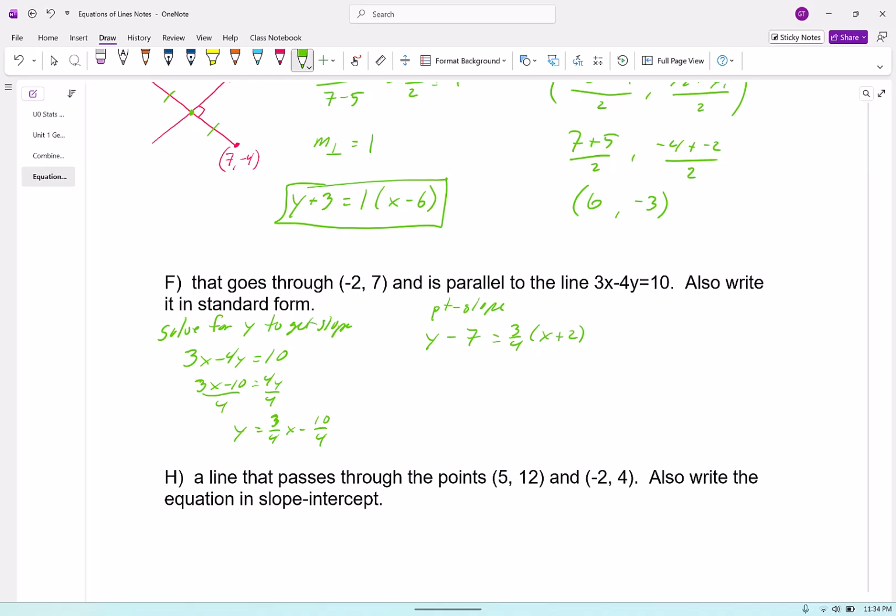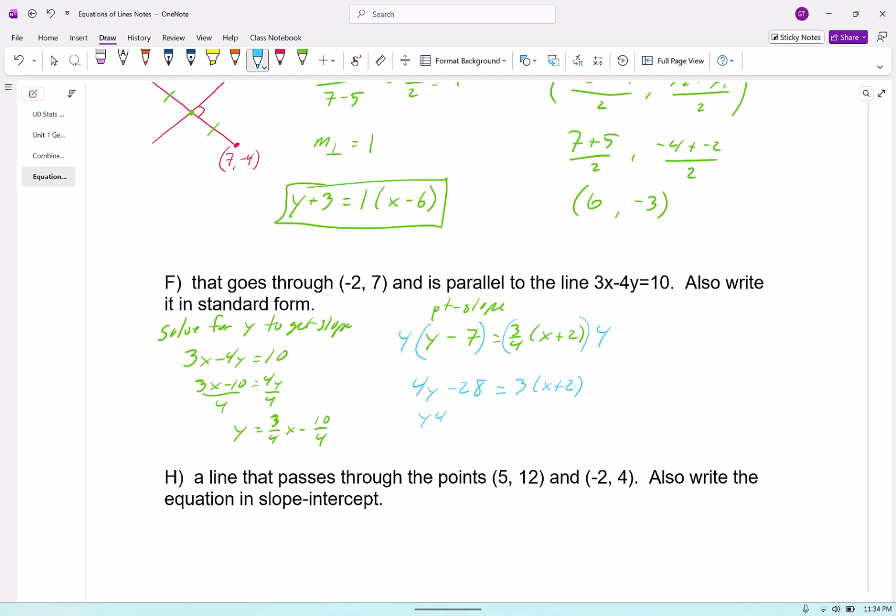First, I have to get rid of that fraction. So what can I do? I can multiply everything by 4. And what I do to one side, I have to do to the other in order to get it to standard form. So this becomes 4y minus 28 equals 3 times (x plus 2).